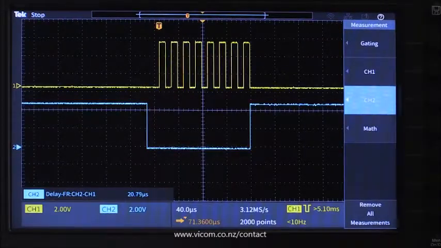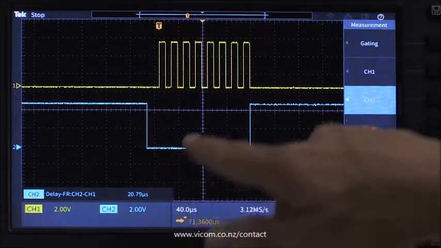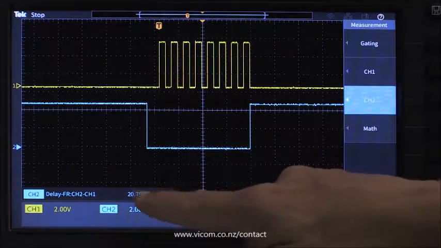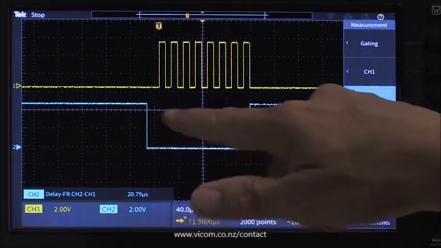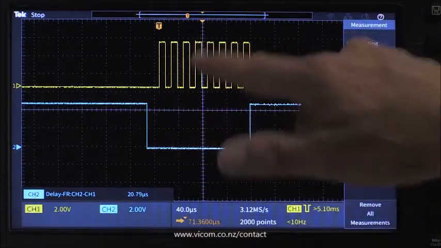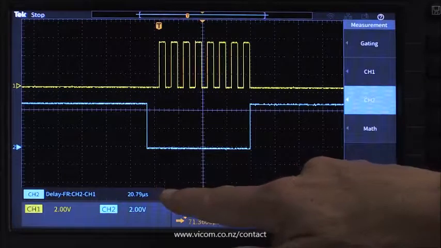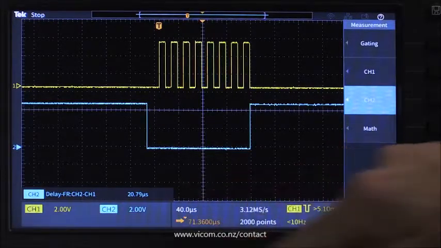I'm going to single shot this so we can take a measurement here. So in this instance, the delay from channel 2 rather to channel 1 is 20.8 microseconds roughly.